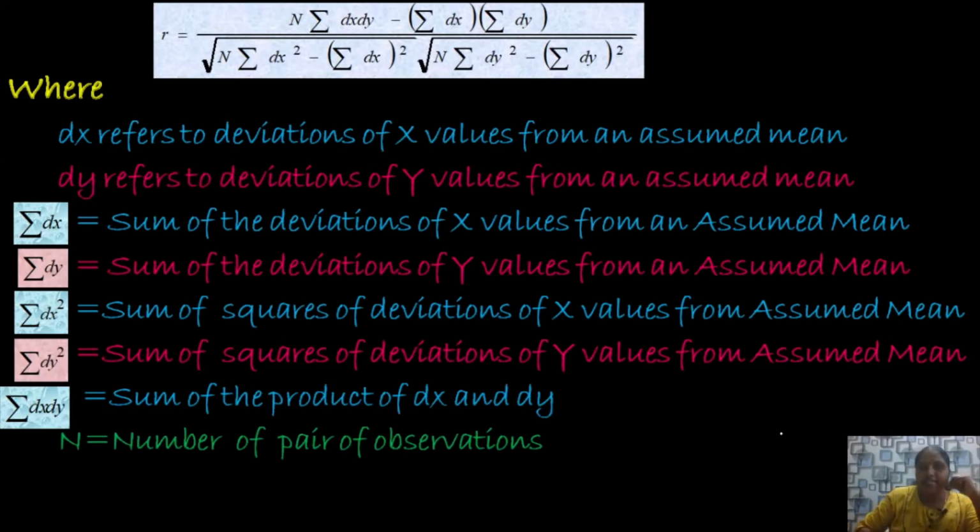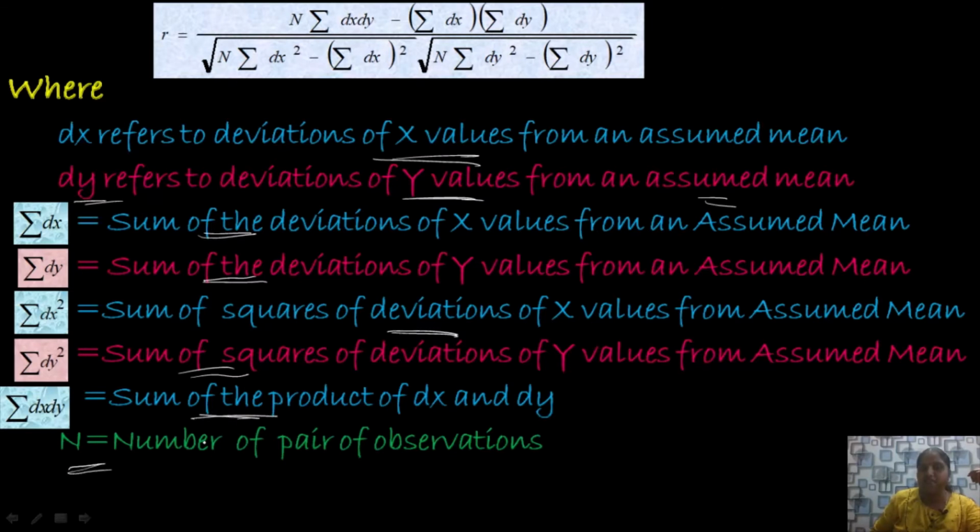Here, dx refers to the deviations of x values from an assumed mean and dy refers to the deviations of y values from an assumed mean. Sigma dx is the sum of deviations, sigma dy is the sum of deviations of y, sigma dx square is the sum of squares of deviations of x, sigma dy square is the sum of squares of deviations of y, and sigma dx dy refers to the sum of the products of dx and dy.